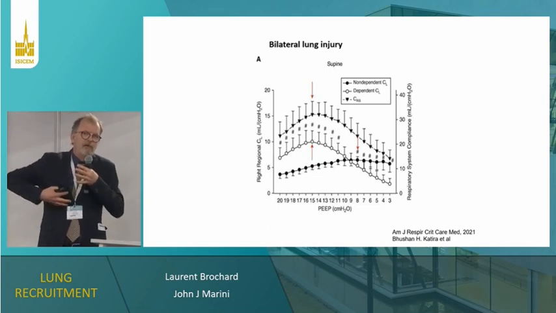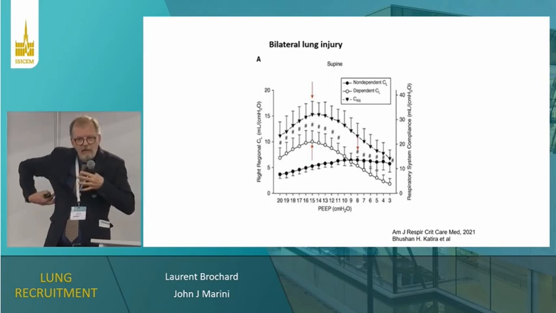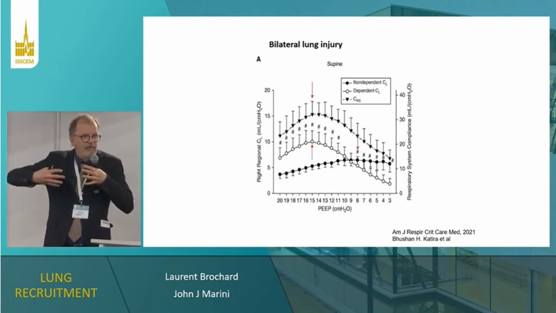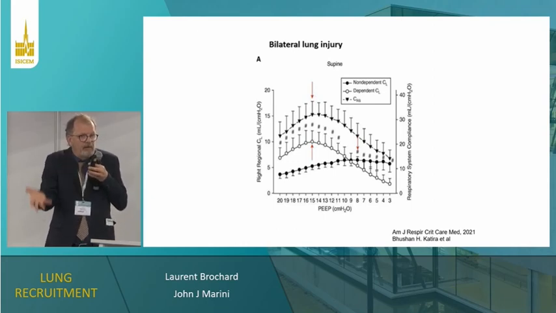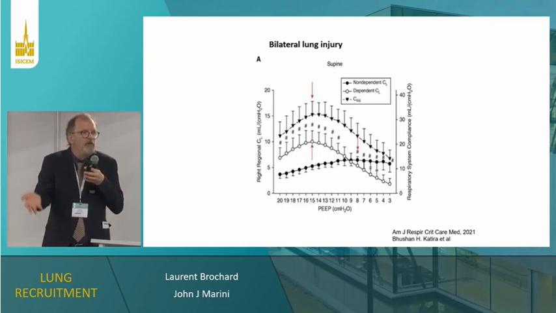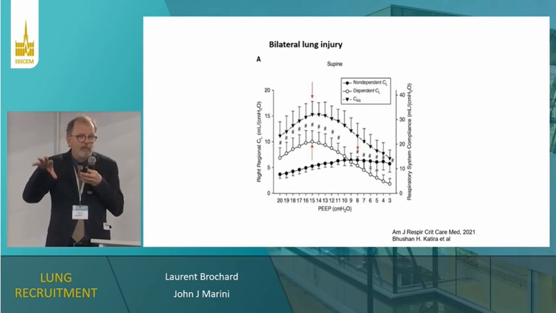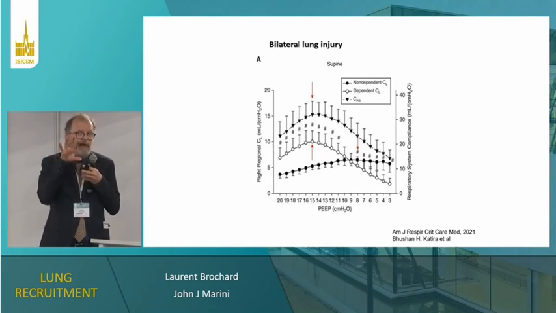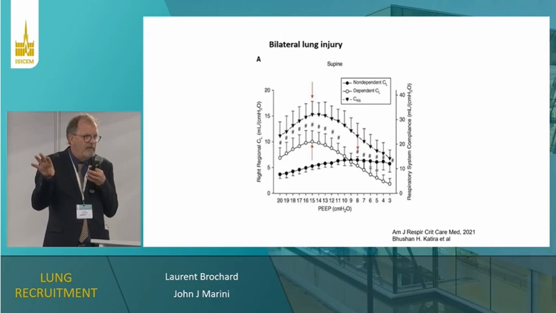But we also put EIT, which is the technique to visualize the different regions of the lung, and we said, let's look at the dependent part of the lung and the non-dependent part of the lung. You can calculate the regional compliance. What is the best regional compliance for the dependent part and the non-dependent part?